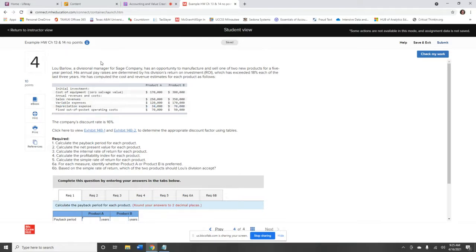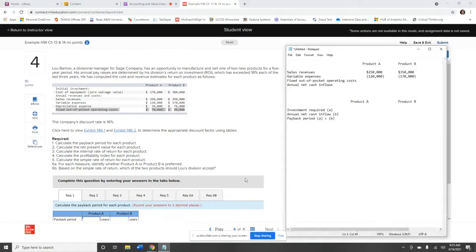So we're just going to skip depreciation because it's a non-cash expense, but we will subtract out this out-of-pocket operating costs. So for product A, that's 70,000, and for product B, that's 50,000. So we have to do a little bracket here, 70. And then in product B, we're going to subtract out 50.